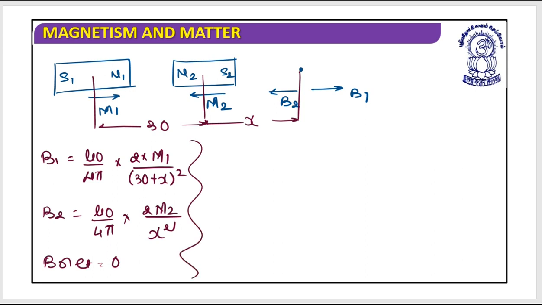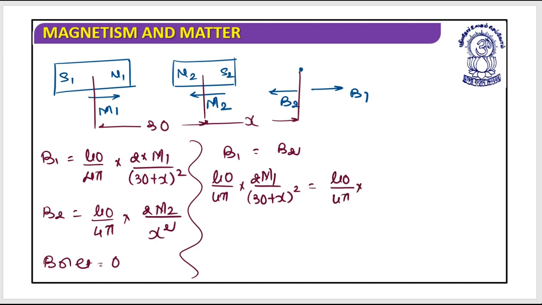If B net is 0, then B1 must equal B2. So mu naught by 4 pi multiplied by 2m1 divided by (30 plus x) whole square equals mu naught by 4 pi multiplied by 2m2 divided by x square. The mu naught by 4 pi cancels, and the 2 cancels.